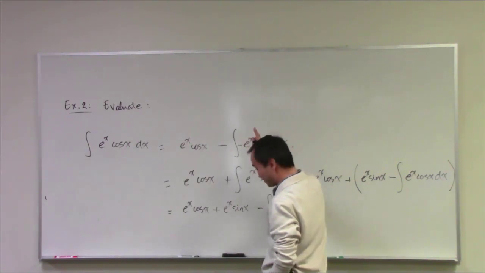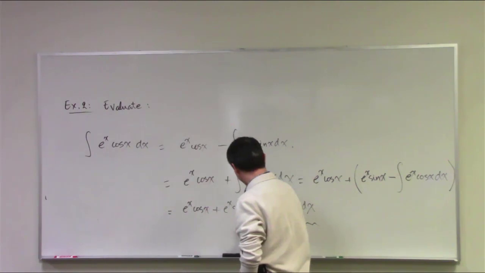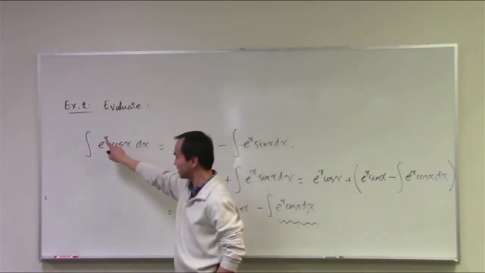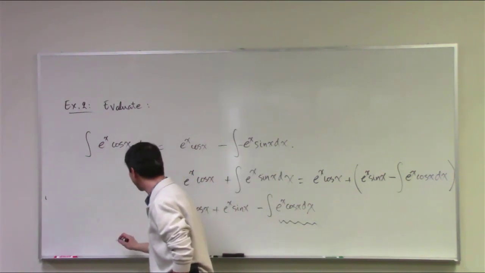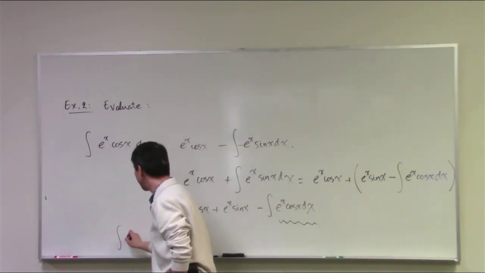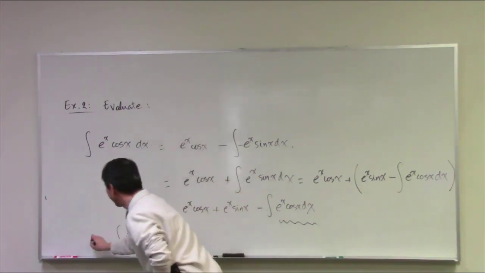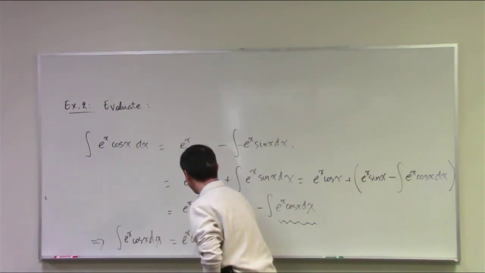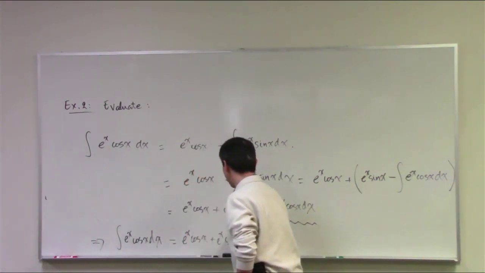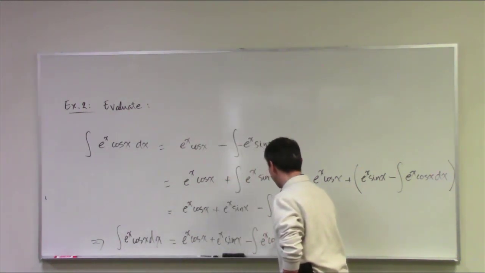See what I'm saying? So the plan here is that, the way I see it, all this here equals that on the left-hand side. Let's rewrite it this way. The integral from the beginning currently equals e to the x cosine of x plus e to the x sine of x, minus the integral of e to the x cosine of x dx.